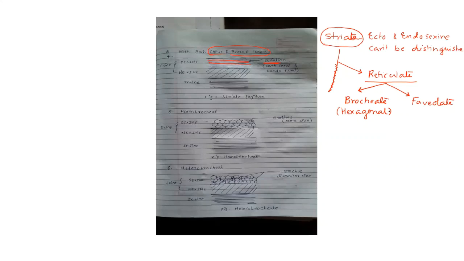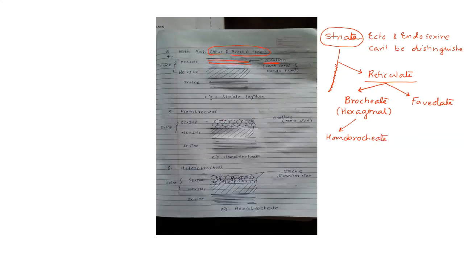When all lumina are of uniform size, which are hexagonal, then it is referred to as homobrochiate.